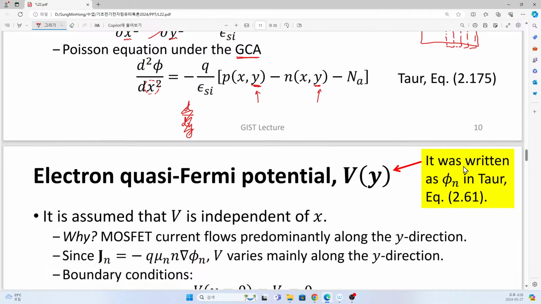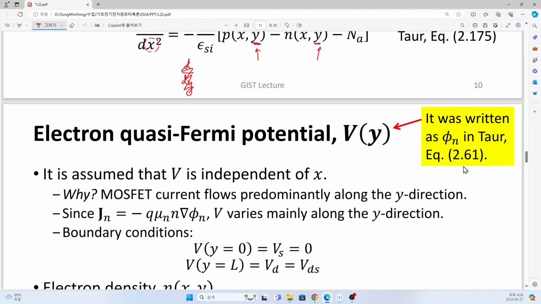Another thing we will consider in this course, as a more advanced course, is the electron quasi-Fermi potential. Please note that the electron quasi-Fermi potential was written as phi n in our previous notation, but here, following our textbook notation, we introduce this V of y.